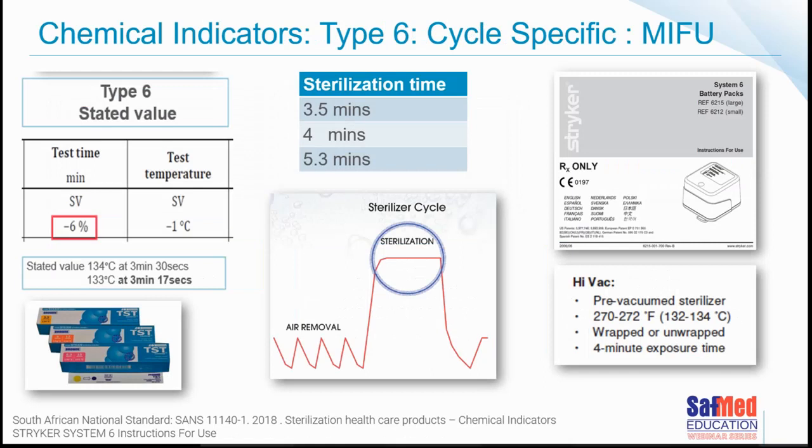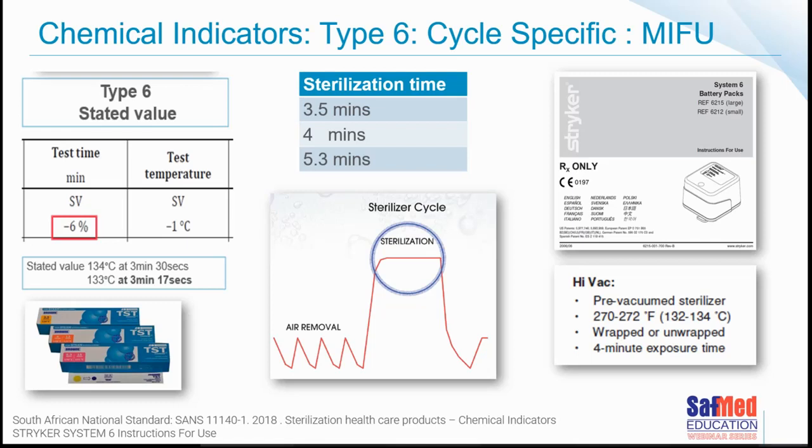As you can remember, the steam sterilization cycle will begin with the removal of air, as depicted over here in our diagram. We remove air, we inject steam, we remove air, we inject steam, otherwise known as pulses.